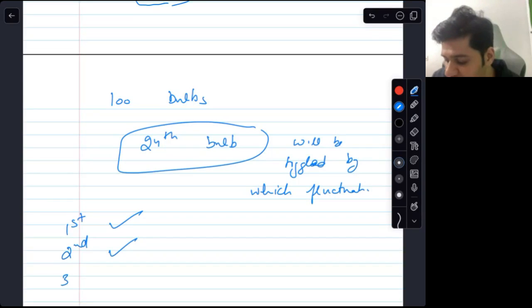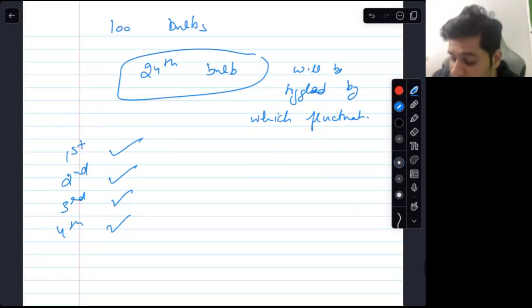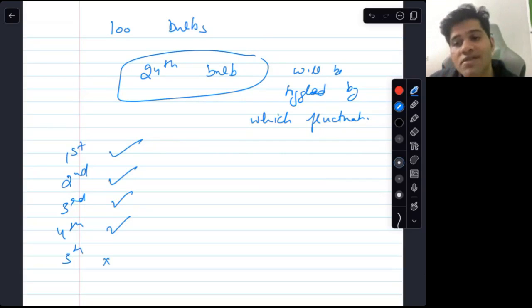Will the third fluctuation touch the 24th bulb? Yes, because it toggles all multiples of 3 and 3 8s are 24. The fourth fluctuation toggles multiples of 4 and 24 is a multiple of 4. The fifth will not toggle it because 24 is not a multiple of 5. The sixth will toggle it. The seventh will not, the eighth will.